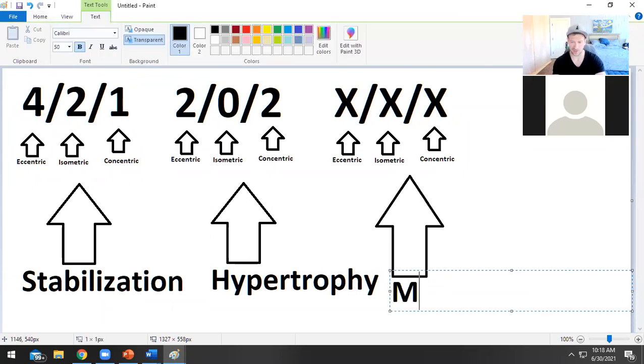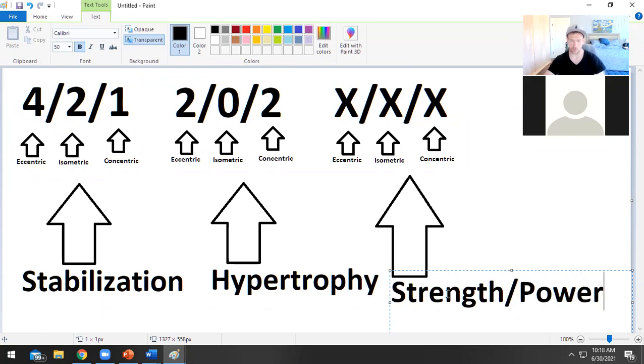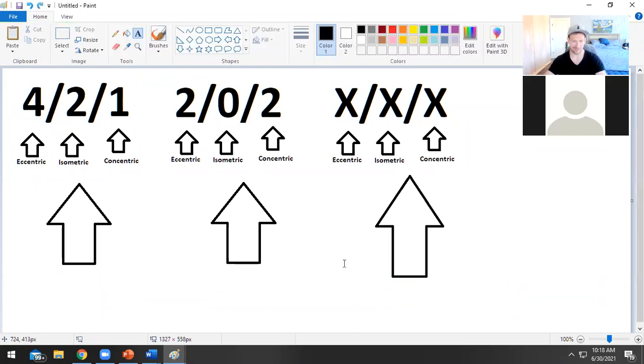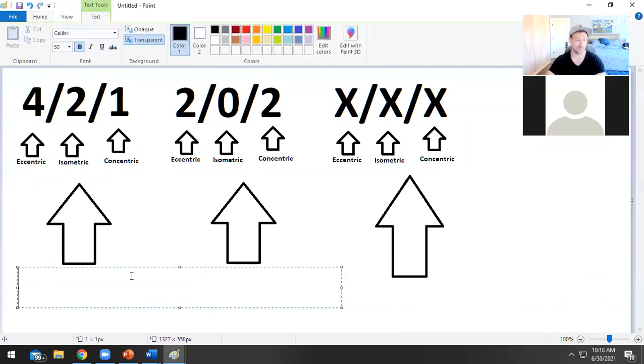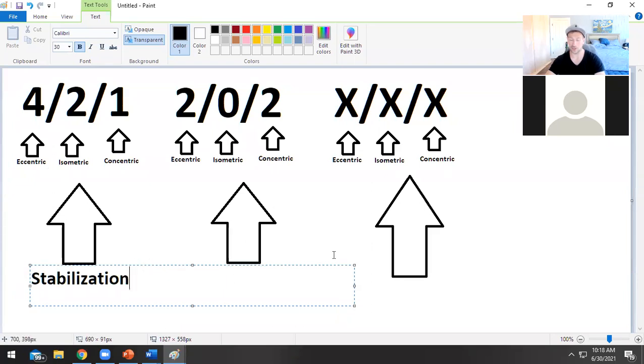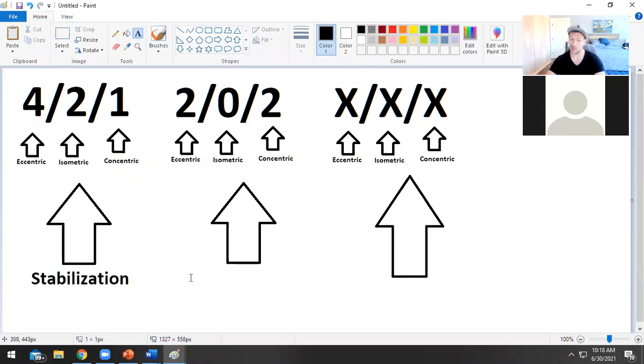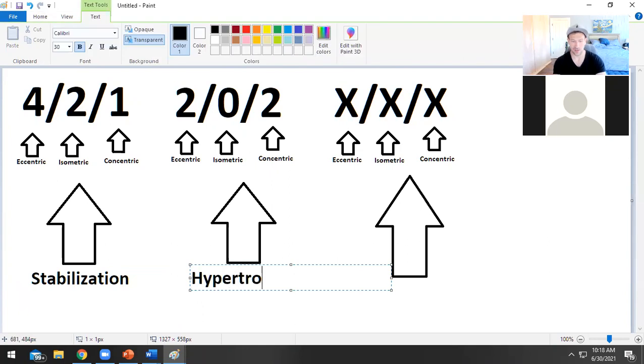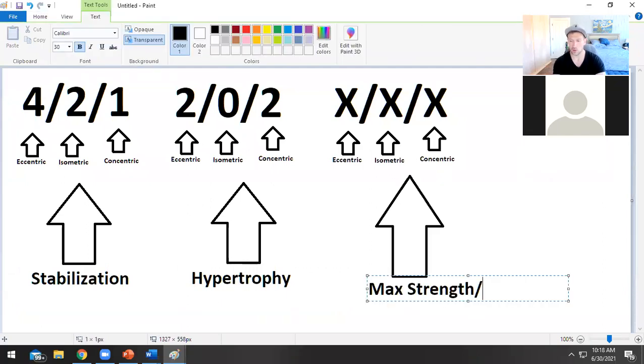And we think of this one as max strength / power. So those are our stabilizing contractions for clients who are learning how to do a movement, beginner clients. These are really good for hypertrophic growth, and these are really good for maximum strength or power.